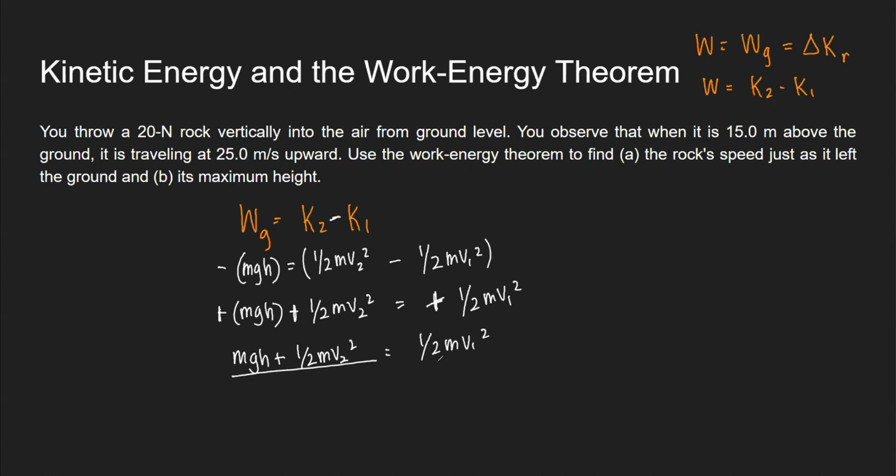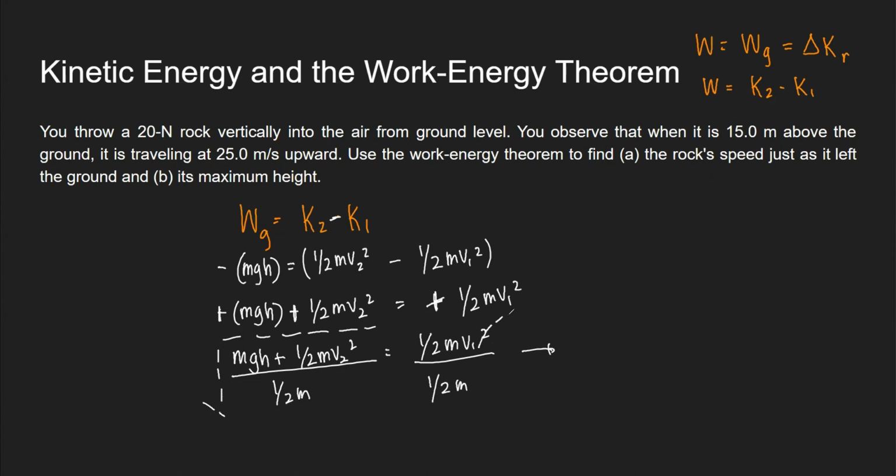And then divide everything by 1/2 m, and then take the square root as well. Once I have the square root, you would remove the squared because there's already a square root.